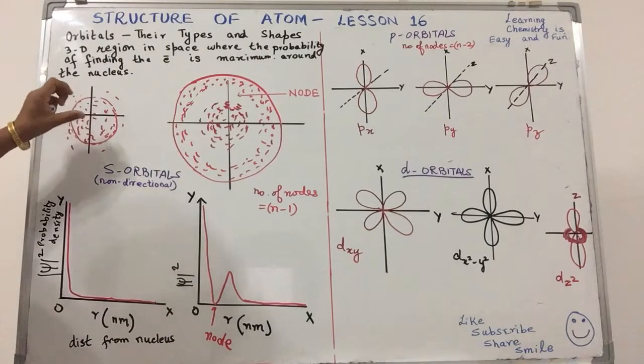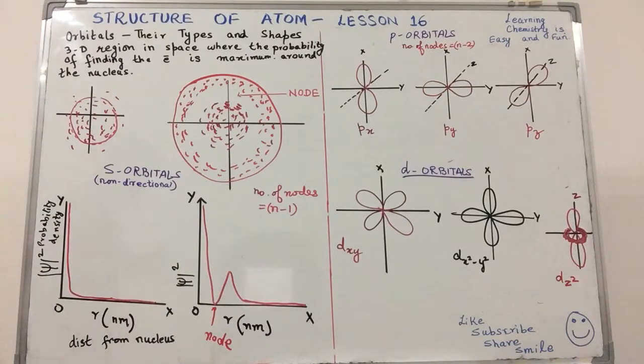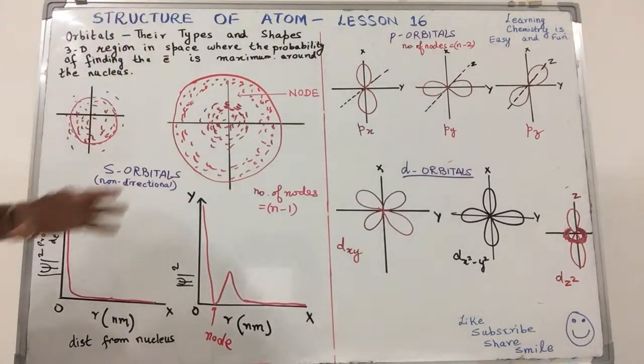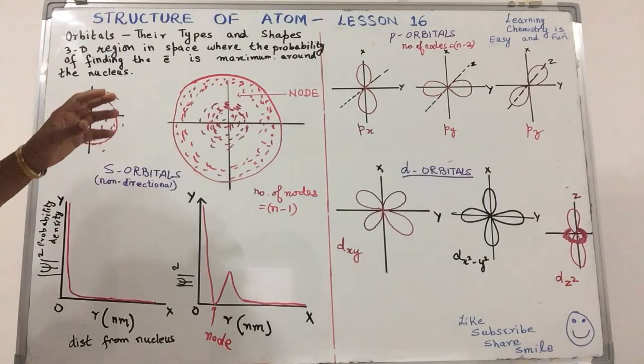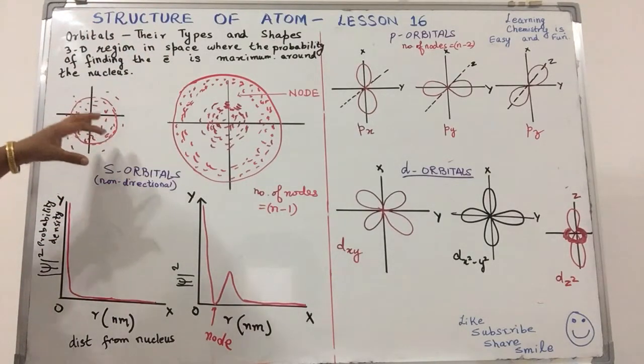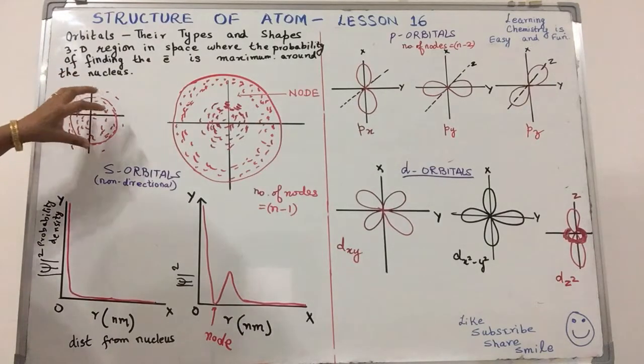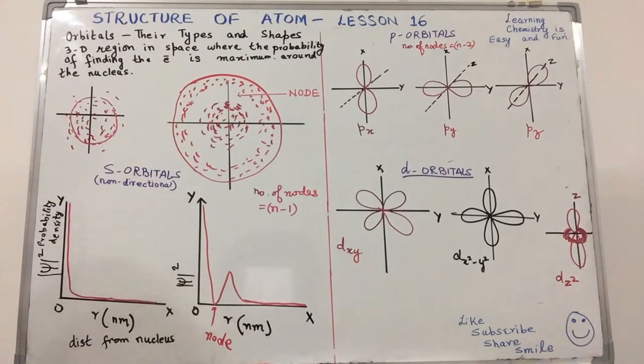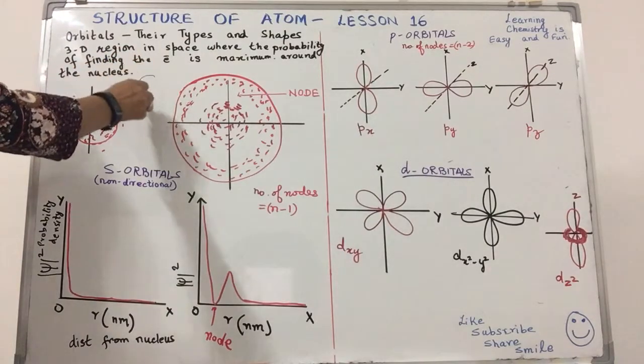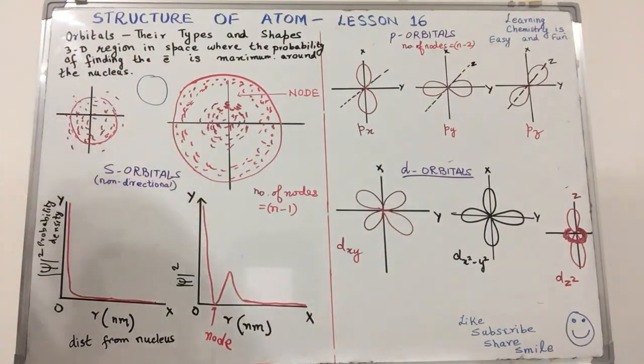If you remember, I had given you an example of the teacher not being there in the class and the probability of finding the student can be anywhere but in the area of the class, right? So that is what we call an orbital, a three-dimensional region in space. Unlike Bohr's model, which said that the orbit is circular, right?